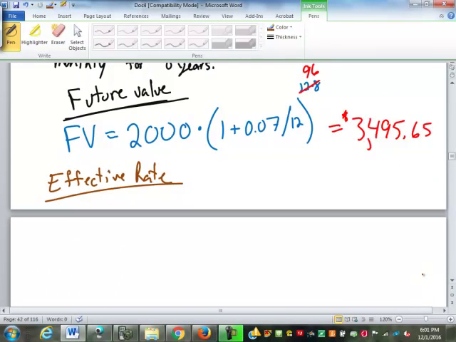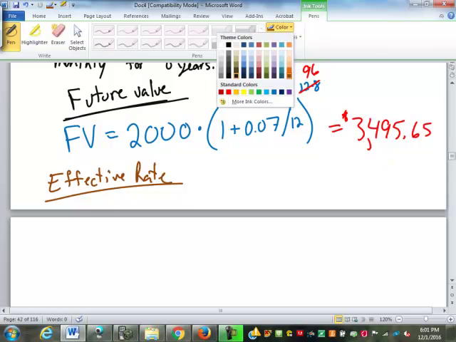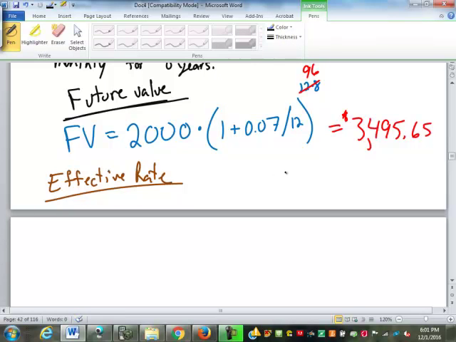I'm going to ask to interject a question here. Can we just subtract the $2,000 to get the interest? No, why not? That's for 8 years. For effective rate, we can only go 1 year.